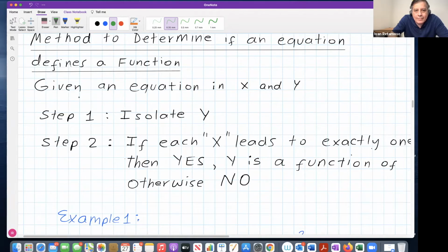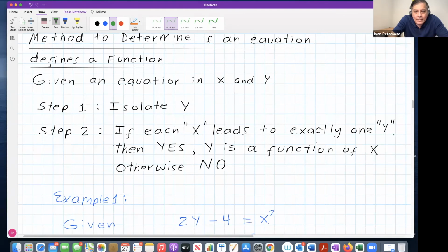Given an equation in x and y, step 1: isolate y. Step 2: if each x leads to exactly one y, not two, not three y's, just one y, then yes, y is a function of x.